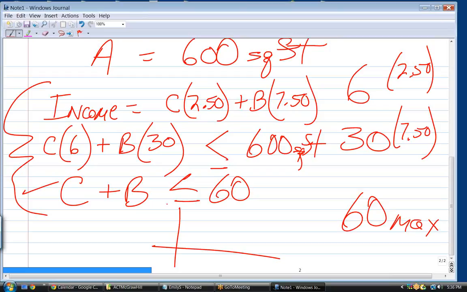So let's see. If I put C there and B there, then if C is 0, B is 60, I could have 60 buses. But if B is 0, I'm going to have 60 cars. So that line represents that inequality.